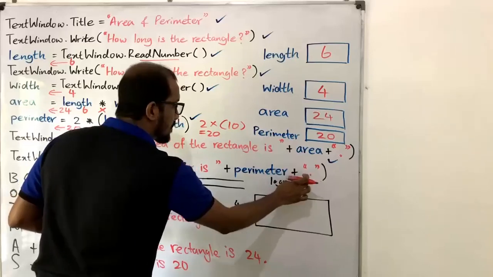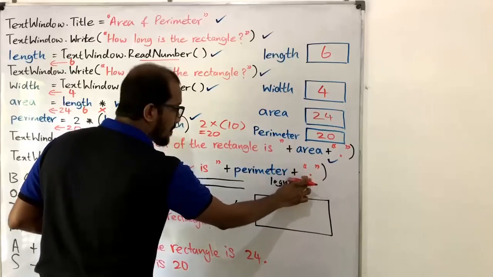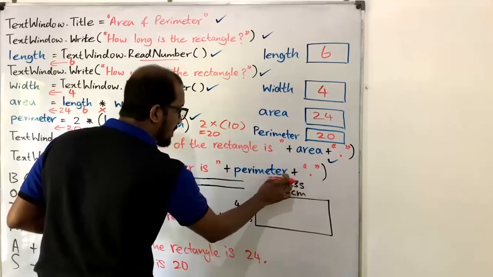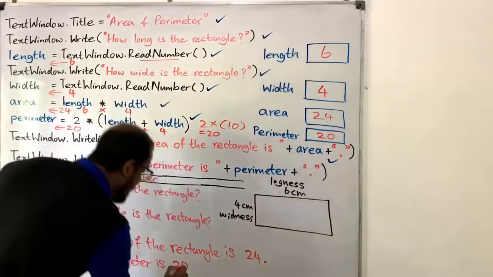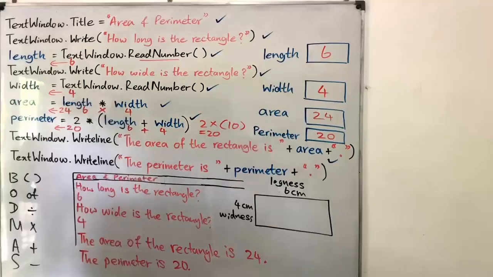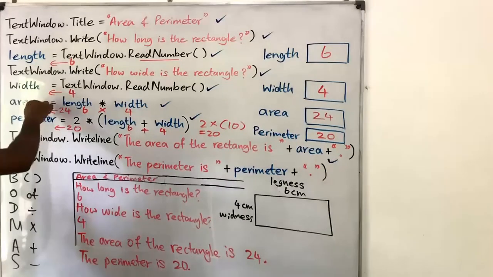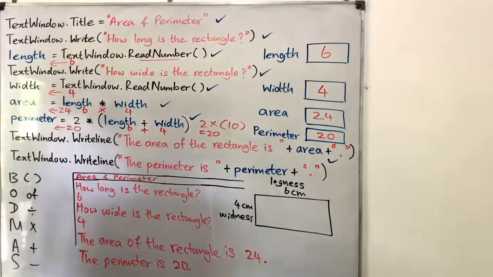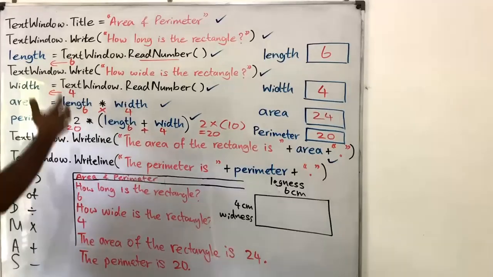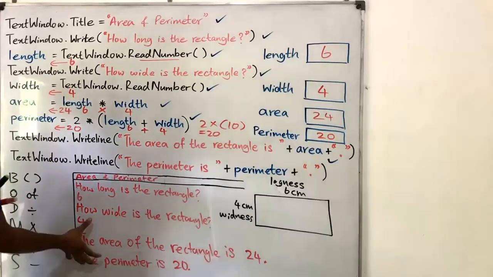It means 20, like this. So that's how it behaves. There are 9 statements, and after executing those 9 statements, we can see a text window like this.